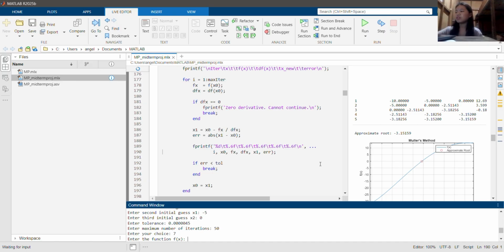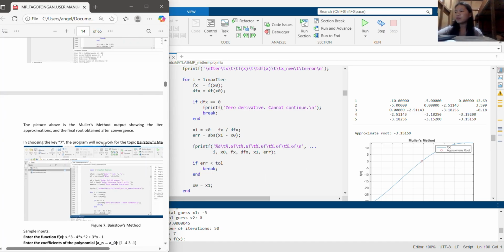Next is the Bairstow method, which is number 7.